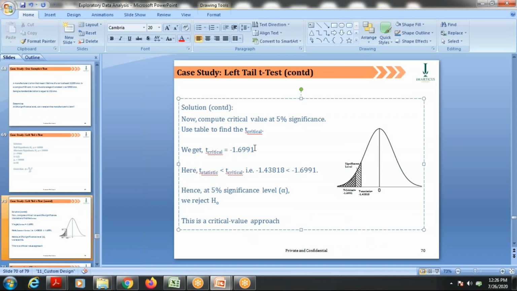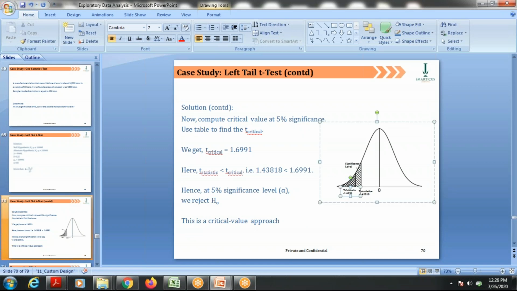Okay, this is 1.69. Got it? And this is also 1.69. This is what we need to do. Now this is fine. So here also this negative sign is written by mistake.